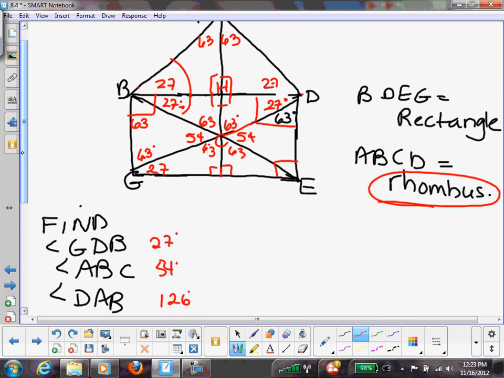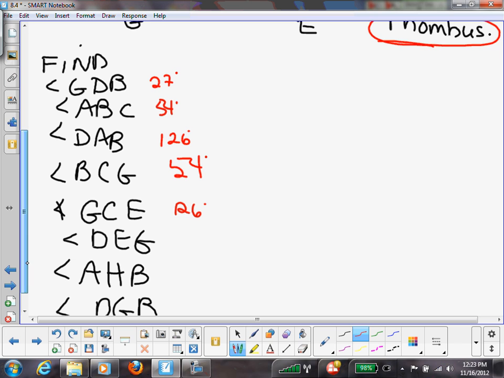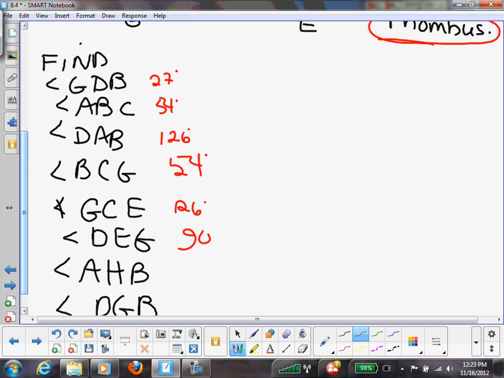EDG. Oh, is it DEG? Okay, what's DEG? 90. Okay. What about AHB? 90 again. And DGB. There you go. Okay? So this is a big application problem. You'll see some of these again.